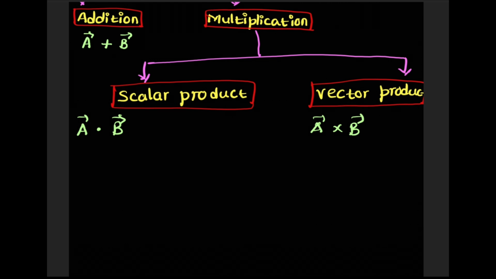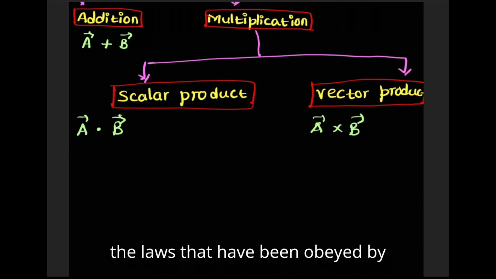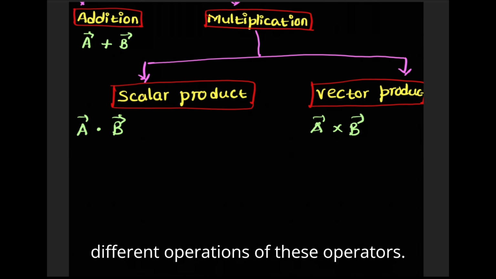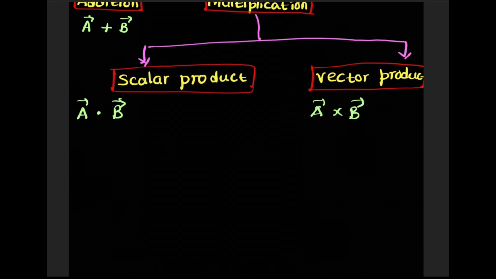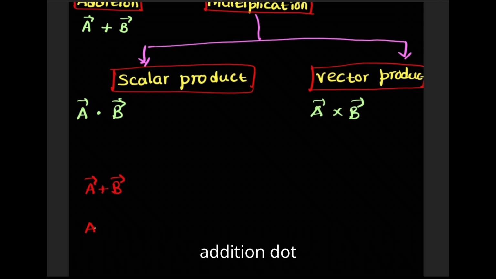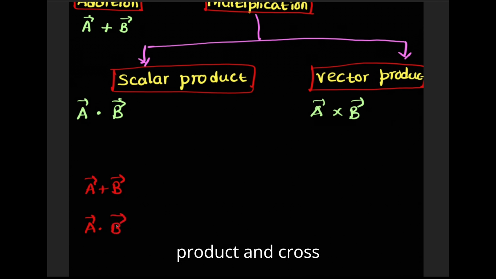Now we have seen addition, scalar product and vector product. Let us summarize the laws that are obeyed by these different operations. Say for example, now let us write addition, dot product and cross product.